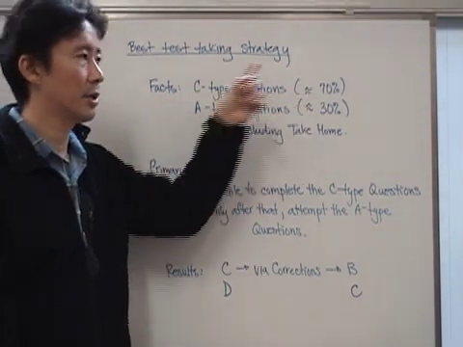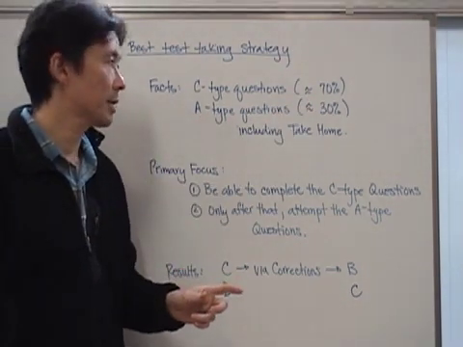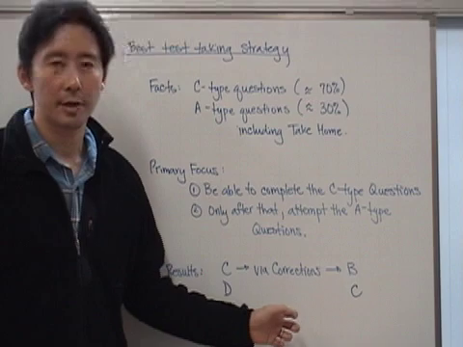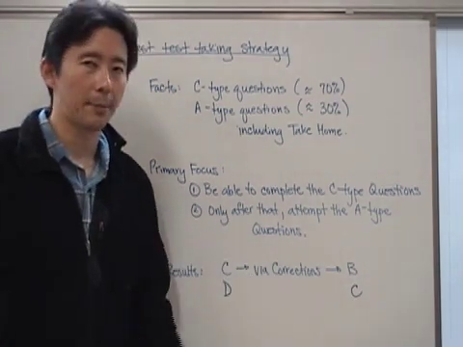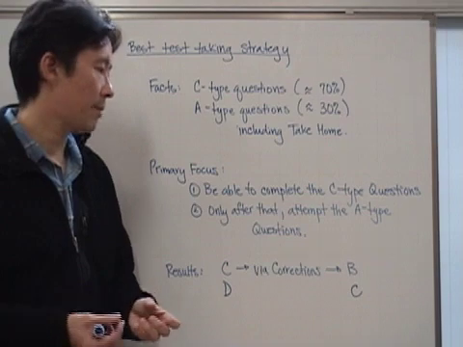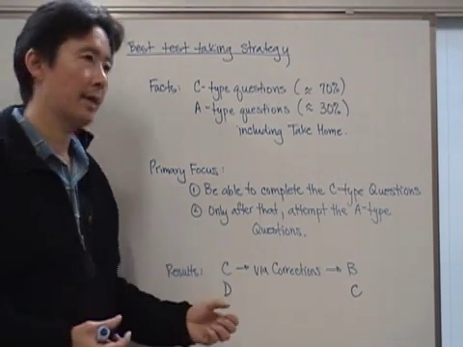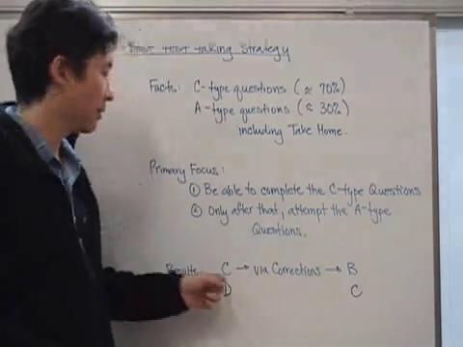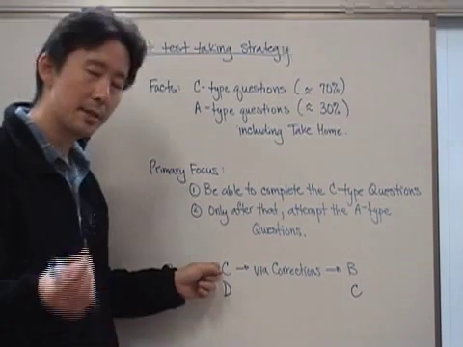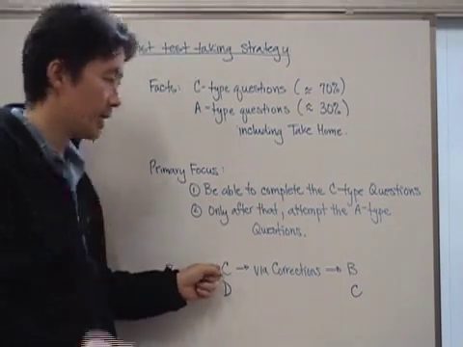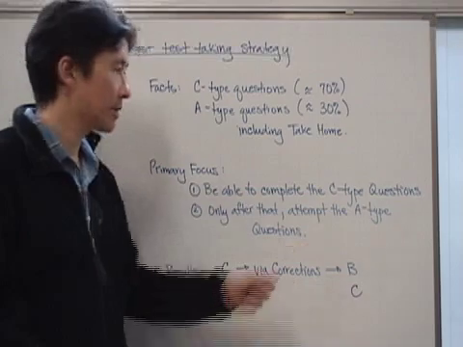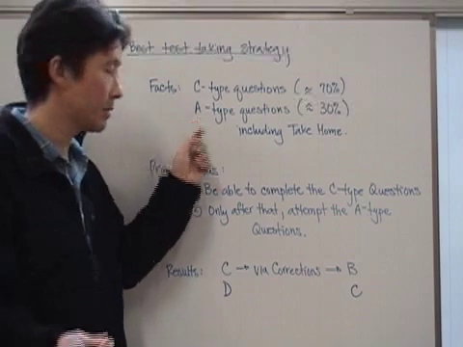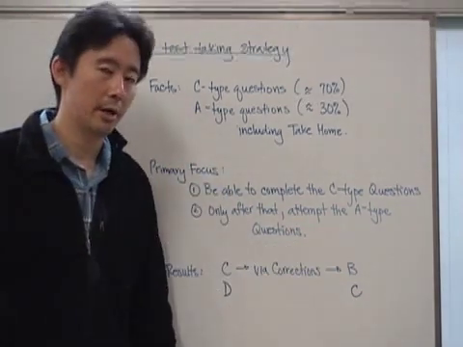So now you have more than 30%, possibly 40, maybe even 50% of the test that you need to do via the corrections to raise your grade from a D to a C. When you think about how much time and effort that takes, that is an inefficient way of getting a C grade, as opposed to just focusing on the C-type questions, which are the basic and essential knowledge that you need to know. Get that first, and then via the corrections, focus on fewer, more difficult questions to get a higher grade.